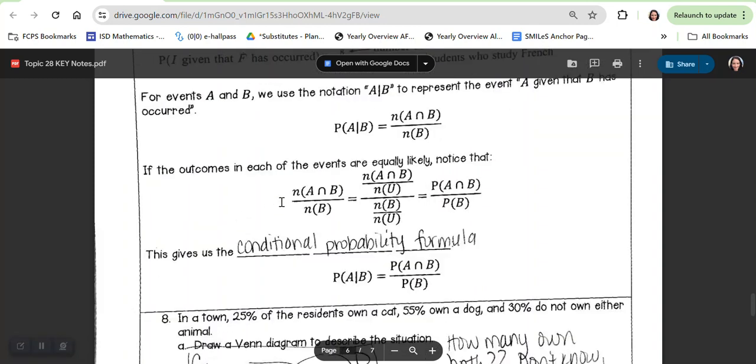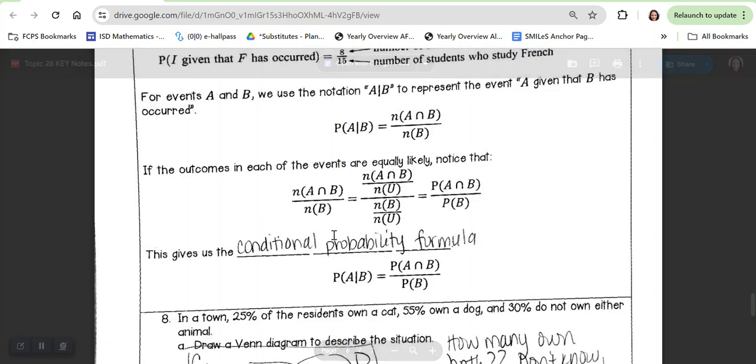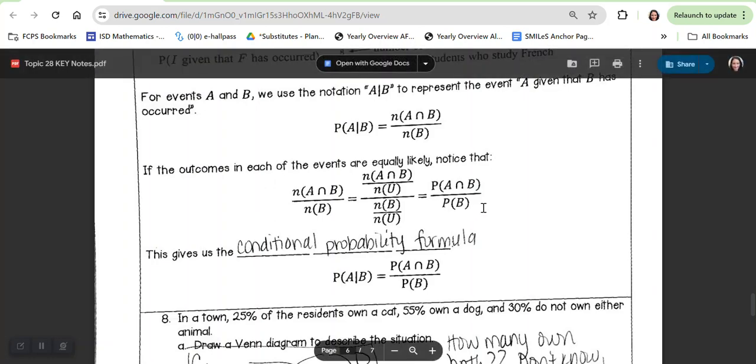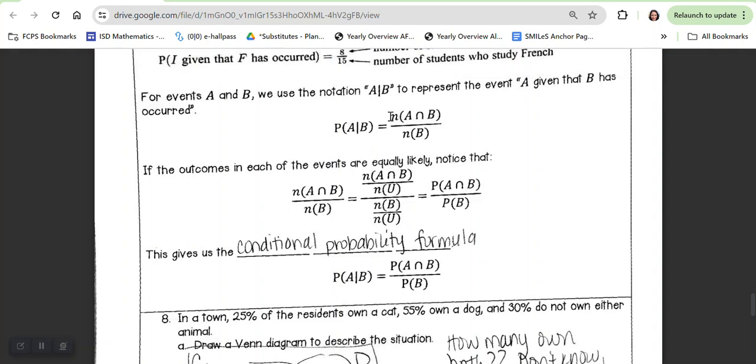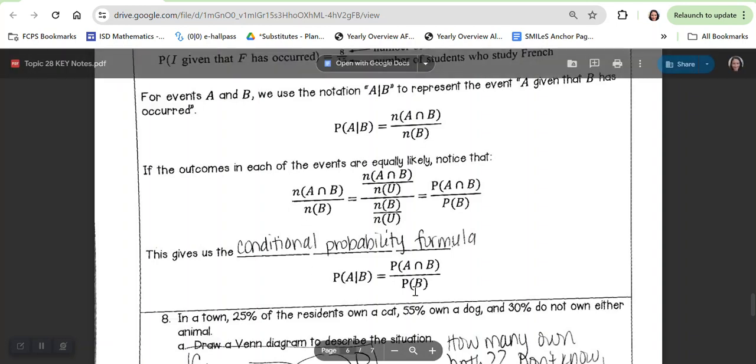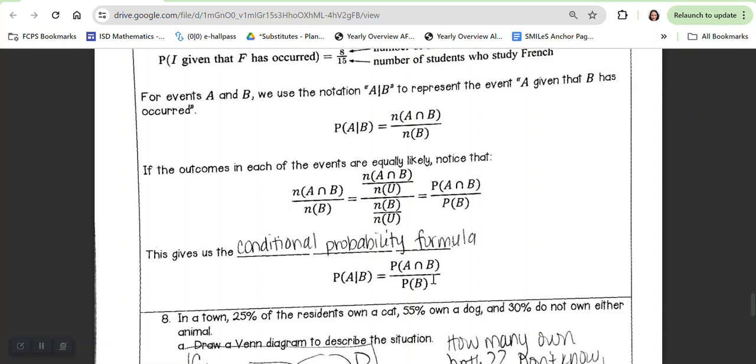And we can also develop the conditional probability formula with this method. Notice what we started with was the number in the intersection over the number in B. And here we have the probability of the intersection over the probability of B. So both can be used.